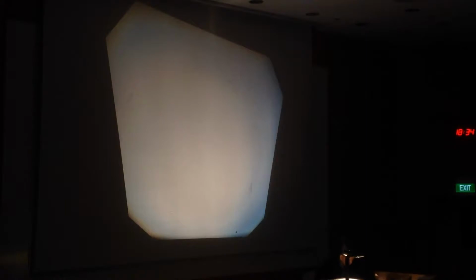So let's now look at the next picture. The next picture tells us something about the temperature dependence.